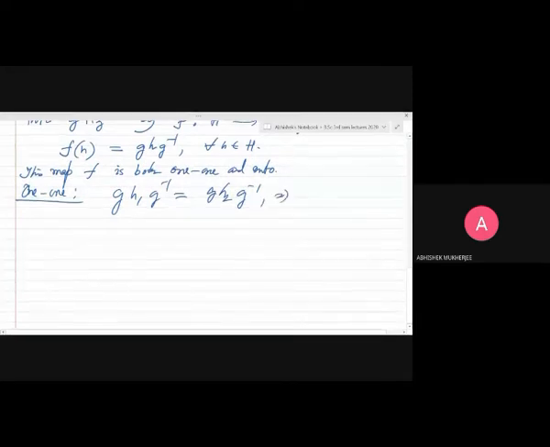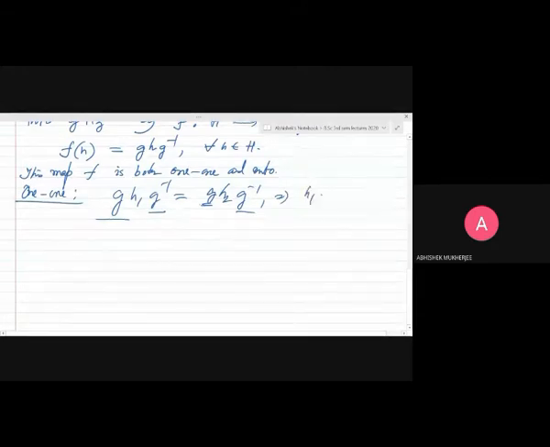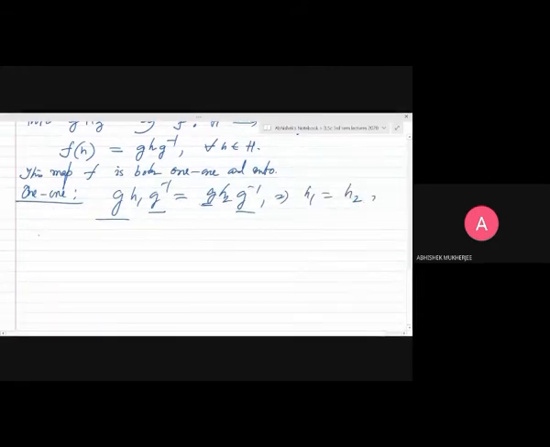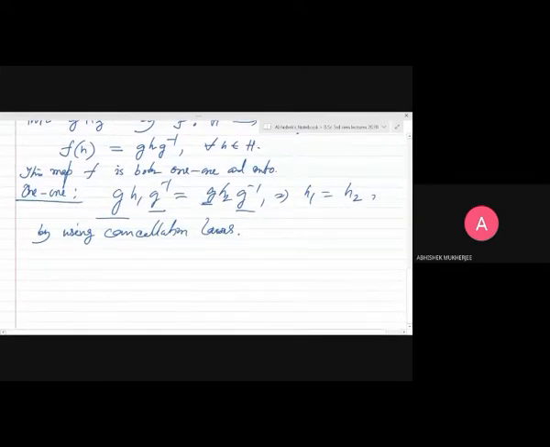From this, by cancellation law, left cancellation you can cancel out this G, by right cancellation you can cancel out this G inverse, and you are going to have h1 equal to h2 by using cancellation laws, right? And this proves that f is one-one.